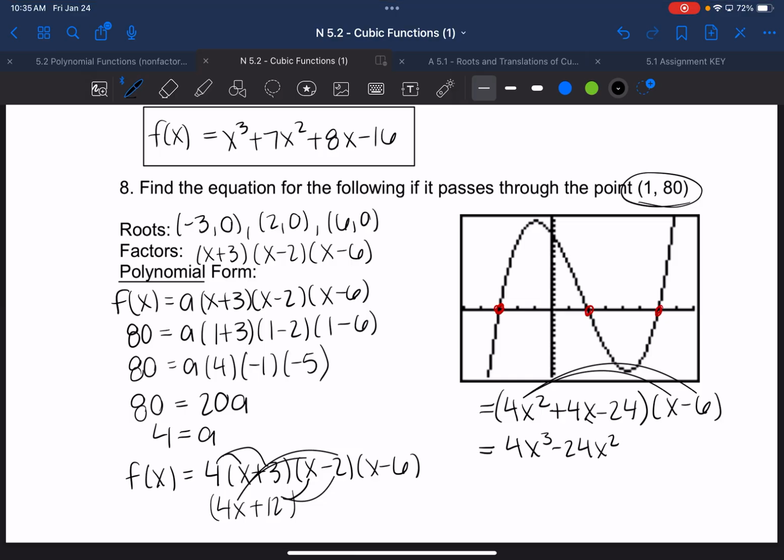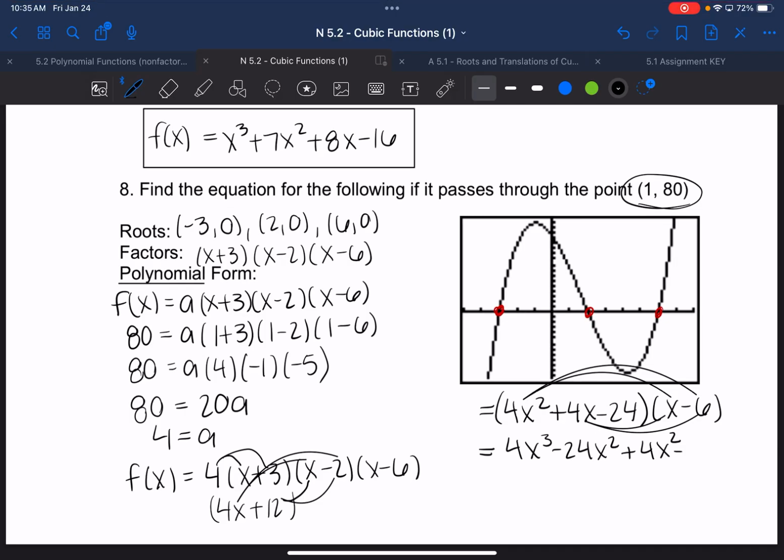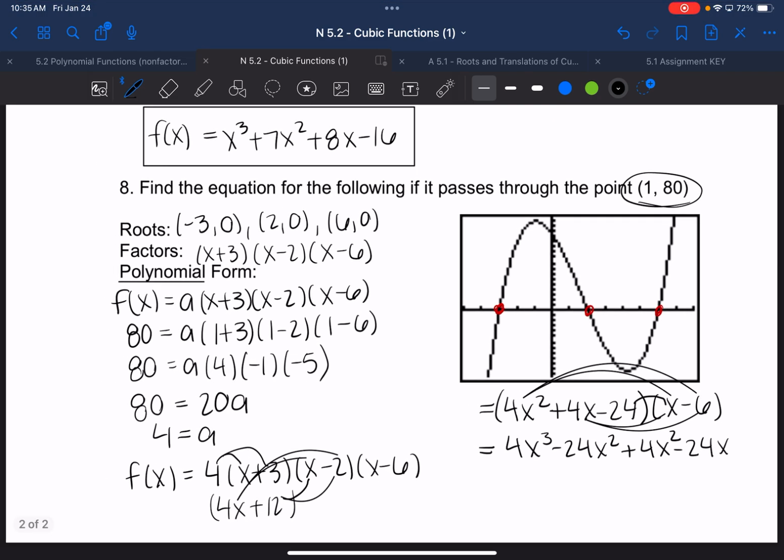All right, now we'll do the 4x. 4x times x. And 4x times negative 6. And then we got to do the 24. So negative 24 times x. And then negative 24 times negative 6. Right. I kind of ran out of space here.